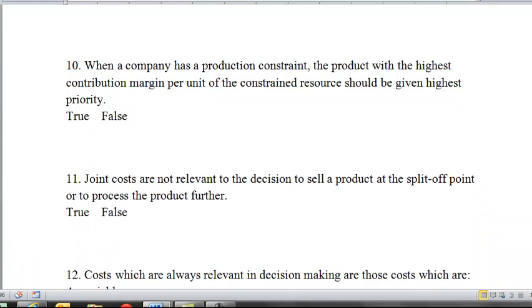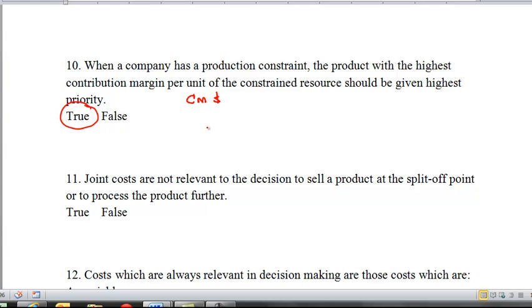Number 10. When a company has a product constraint, the product with the highest contribution margin per unit of the constrained resource should be given the highest priority. And this is true. What this is saying is when you've gotten down to your contribution margin, if you have no resource constraints, you would always choose the product that gives you the highest contribution margin dollars.